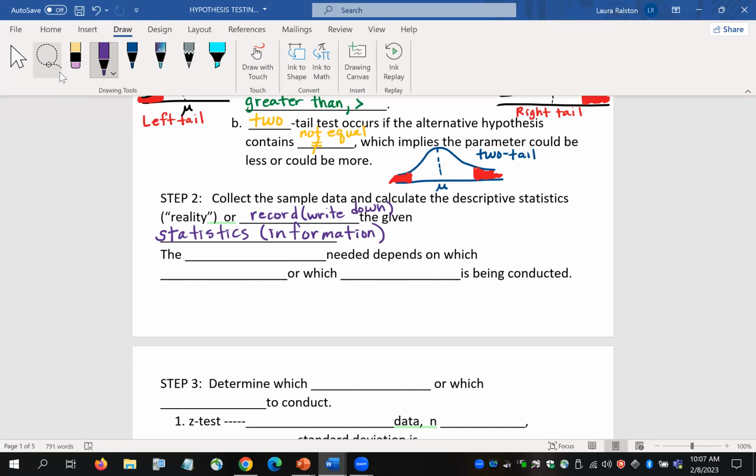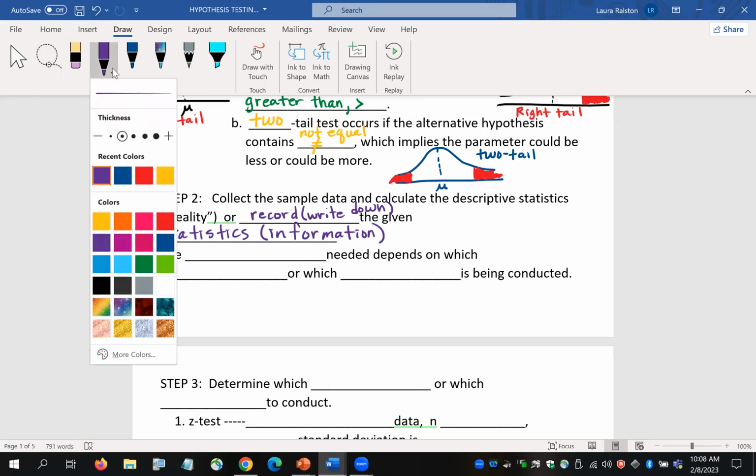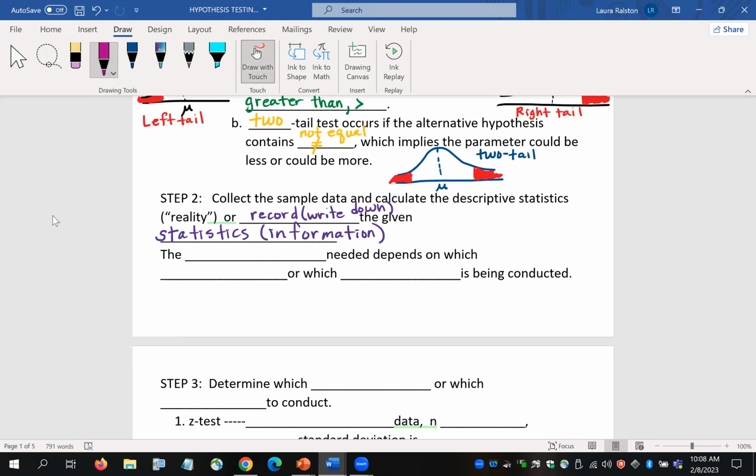What information do you need? The information needed depends on which test is being conducted.